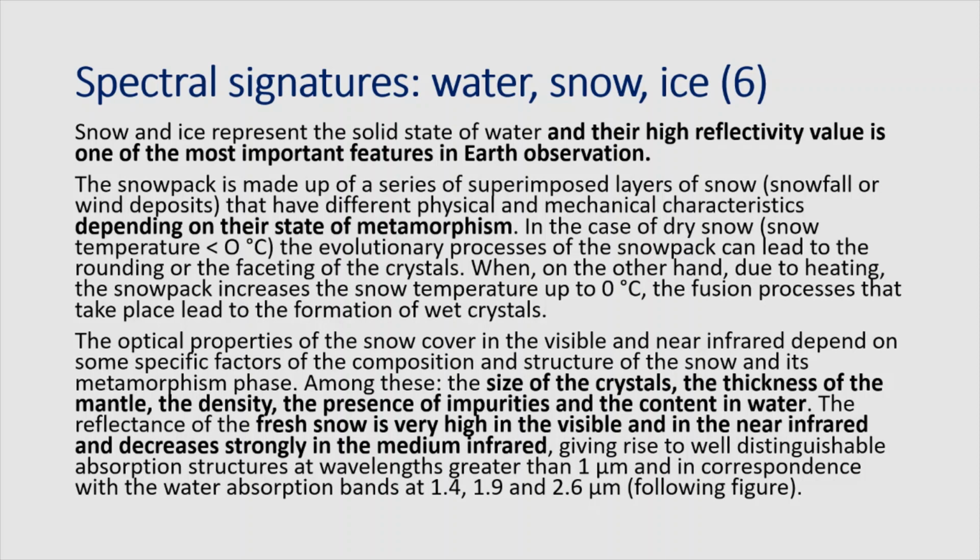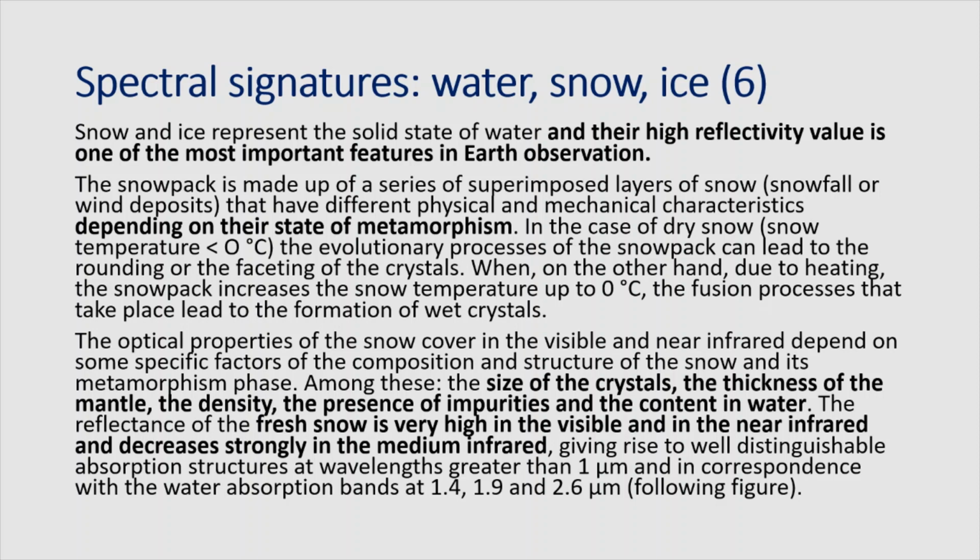The optical properties of the snow cover in the visible and near infrared depend on some specific factors of the composition and structure of the snow and its metamorphism phase. Among these are the size of the crystals, the thickness of the mantle, the density, the presence of impurities and the water content.